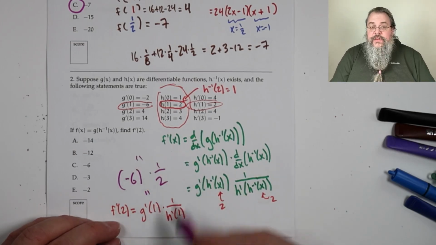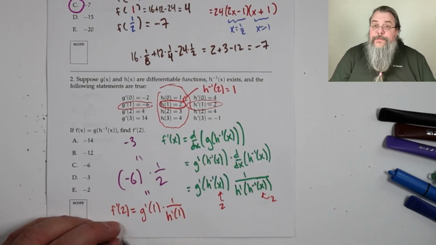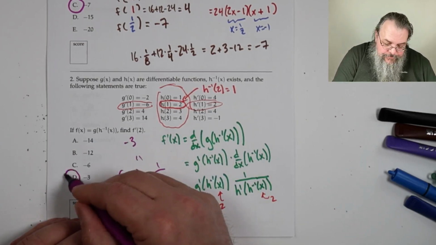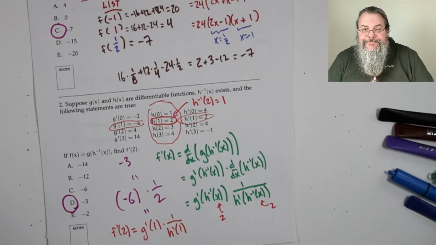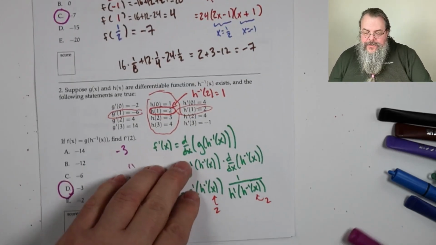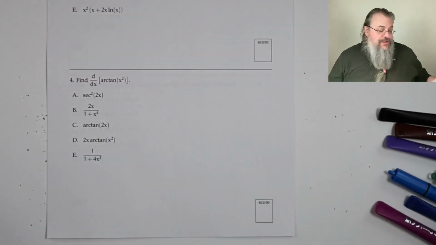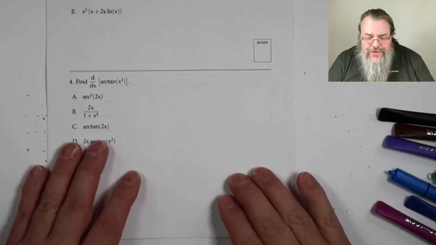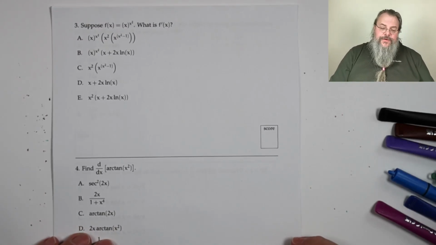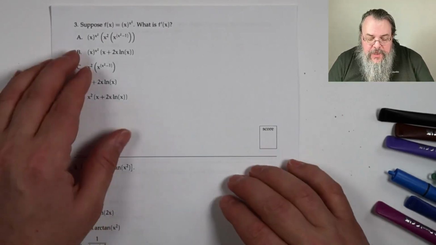And if you take negative 6 times a half, you get negative 3. So the answer was D. All right, good. Know your rules for taking derivatives and derivatives of inverses and chain rule. Chain rule, that's the most important rule. All right, number 3.